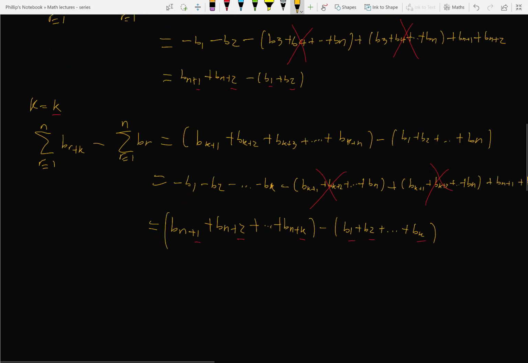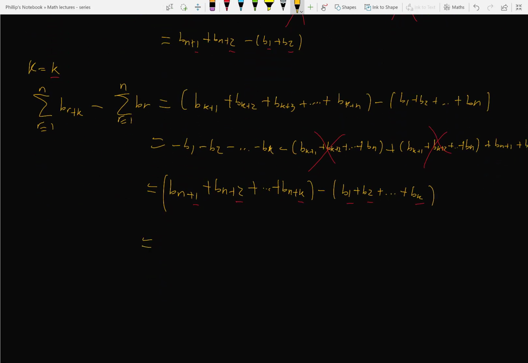So in other words, we can rewrite the general formula as the sum from r equals 1 to k of b_(n+r).